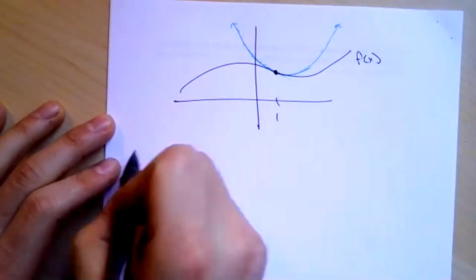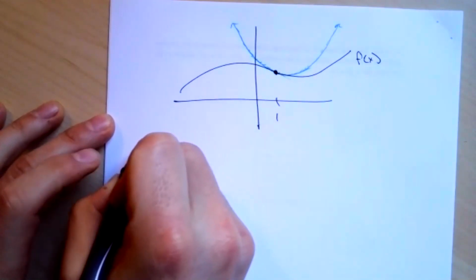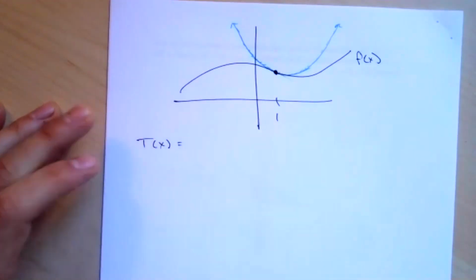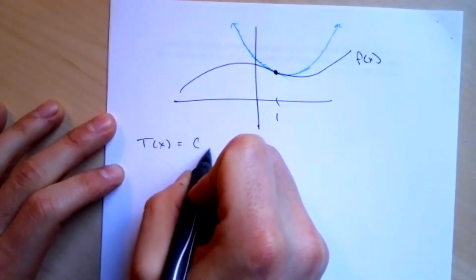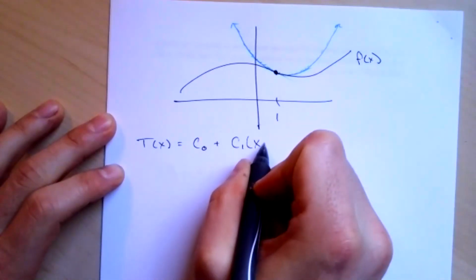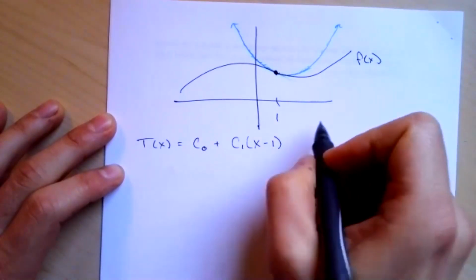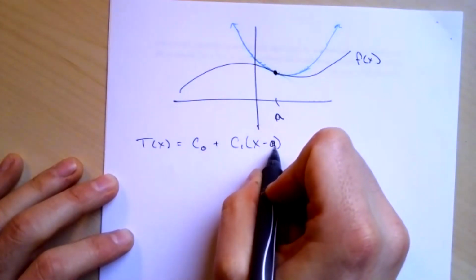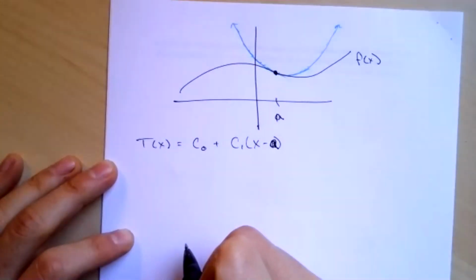So what would this look like? Let's call this t of x. It's going to be some polynomial, some quadratic. And actually, let's change this base point. Let's pick an arbitrary base point where we are approximating and call it a.